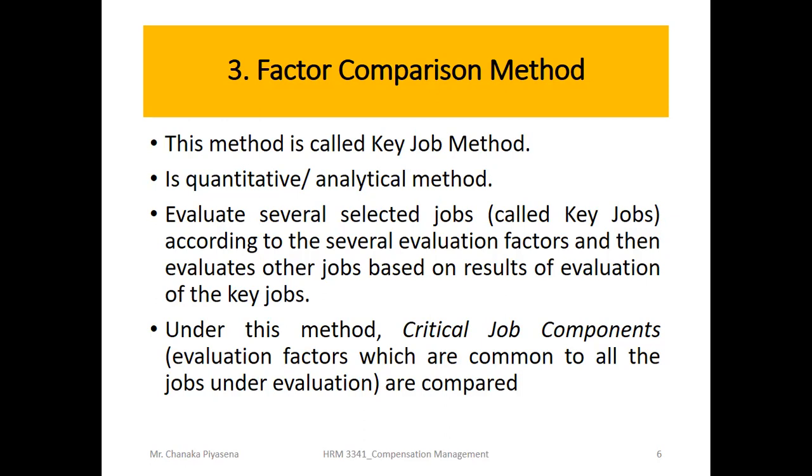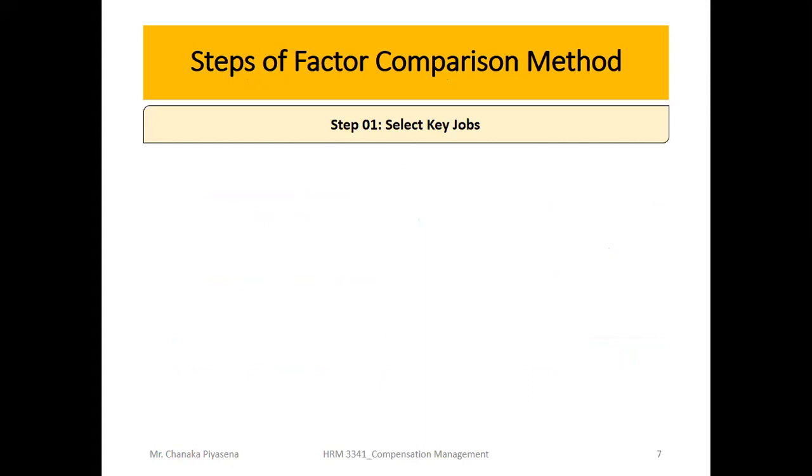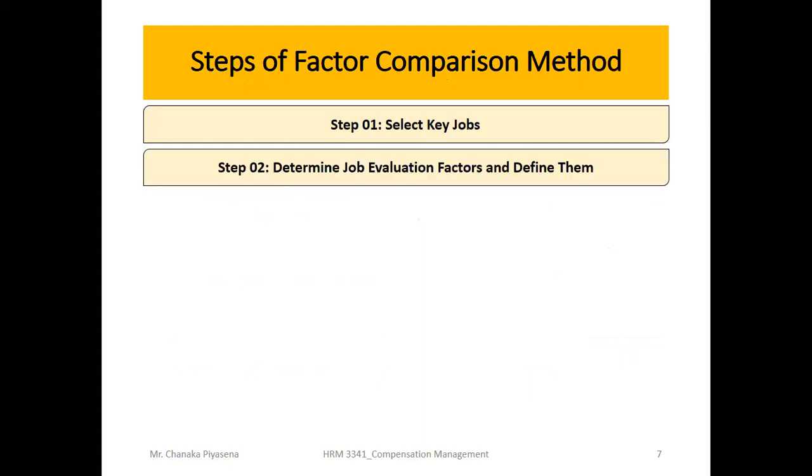Under this method, critical job components, evaluation factors which are common to all the jobs under evaluation, are compared. As the final step, we evaluate all the jobs within the organization, not only the key jobs. Then, there are eight steps of the factor comparison method.